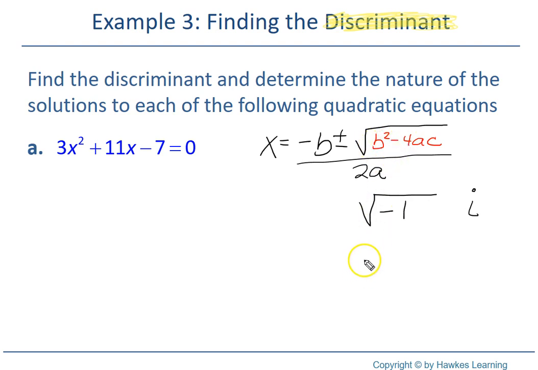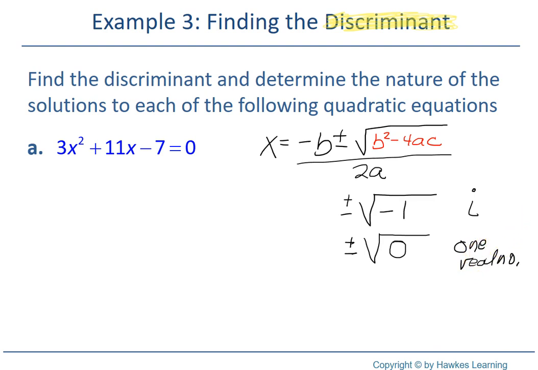Now, if under the radical sign, this discriminant, b squared minus 4ac, was a 0, then instead of getting 2 possible answers, as you got here, you would only get 1, because plus or minus 0 made no difference. This just gave you 1 real number answer.